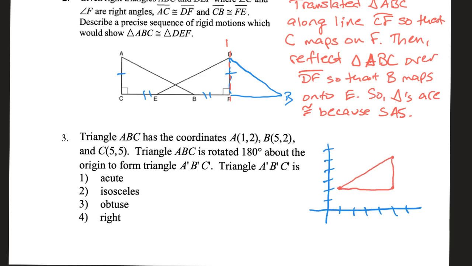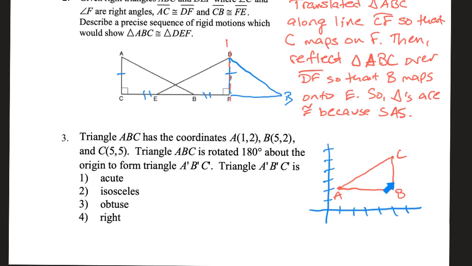Okay, so I noticed that, oh, I didn't write in my letters here. This is A, B, and C. Okay, so I noticed that point B is at an x value of 5, and I noticed that point C is also at an x value of 5.